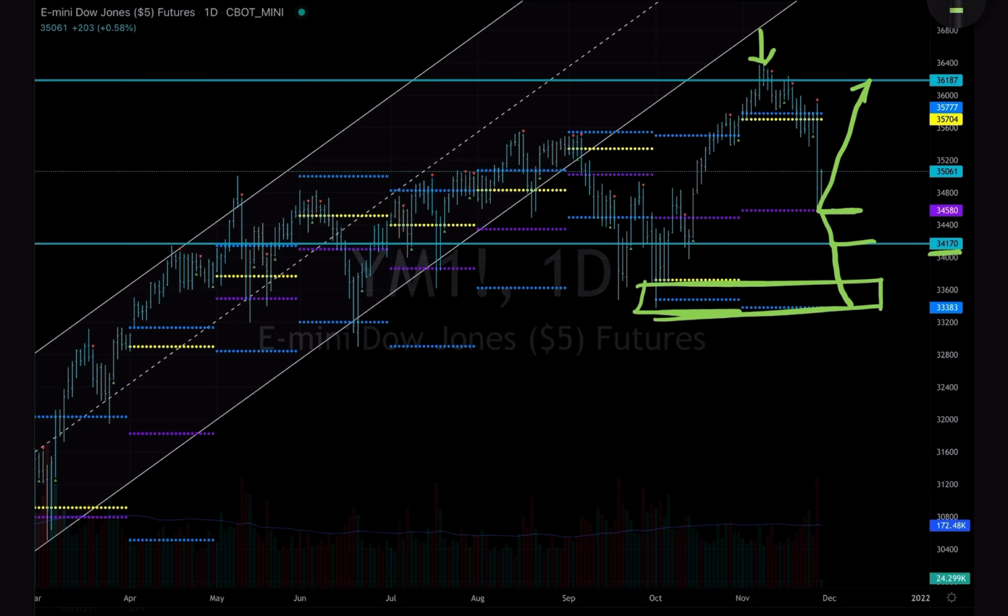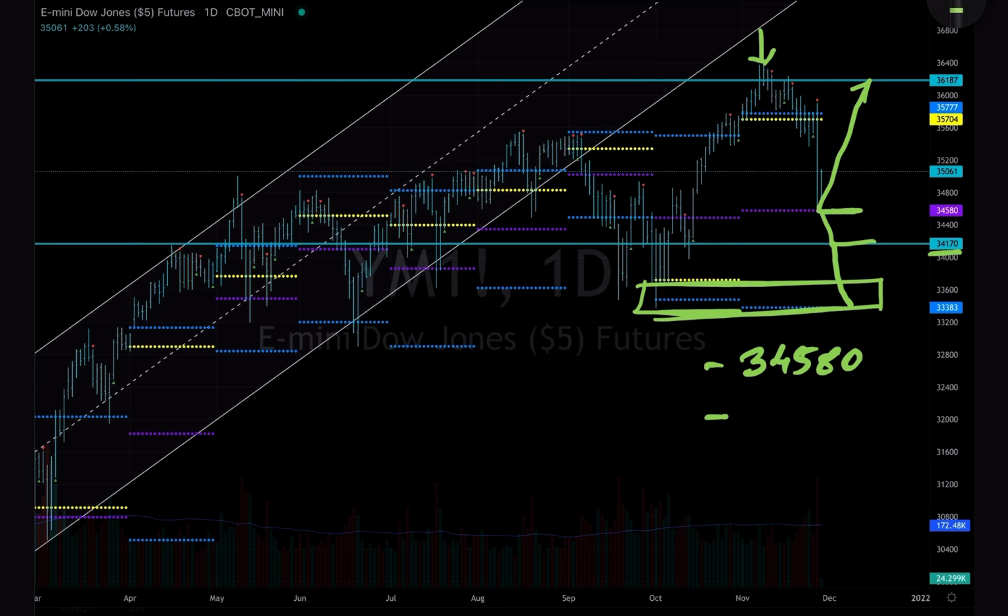Right now, the key levels to watch for Dow Jones are, sorry, this one is right here, 34,580.